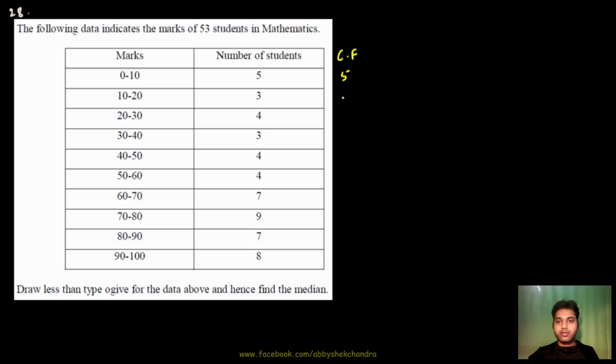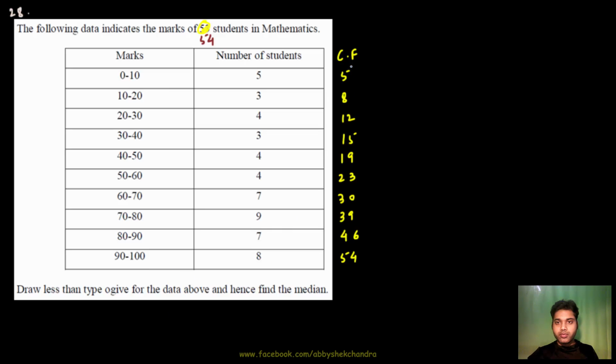This is 5, 8, 8 plus 4, 12, 15, 19, 23, 30, 39, 46 and 54. So this thing is 54.